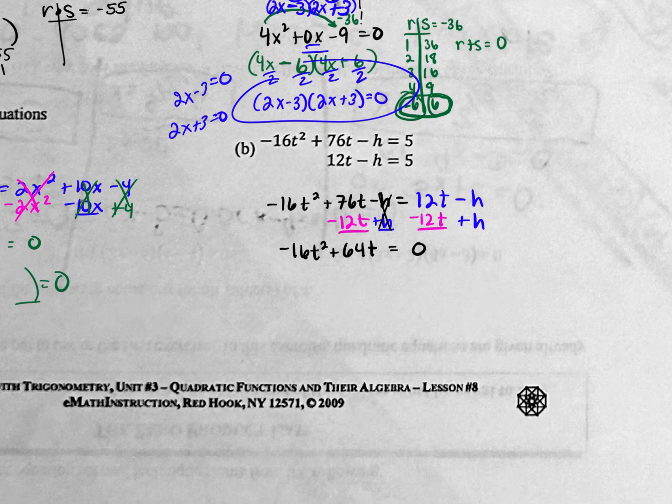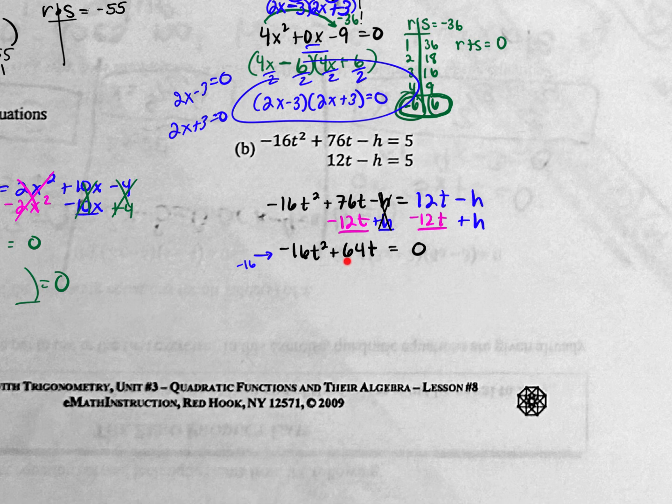However, I want to point this out. It is better than just taking a GCF out because this is an equation. It has, in other words, it's equal to something. We're allowed to do anything to this side that we want to, except for things like divide by zero or multiply by zero. But we can basically do anything to this side that we want to, as long as we do it to this side. So rather than take the GCF out and pull it out front, what we could do is just, hey, I know that -16 is divisible by -16.